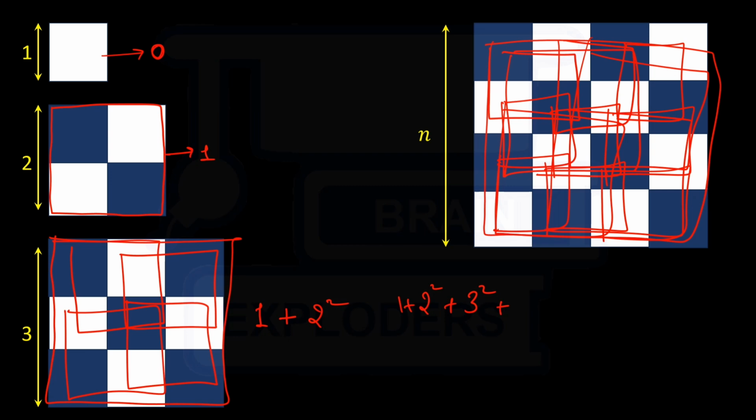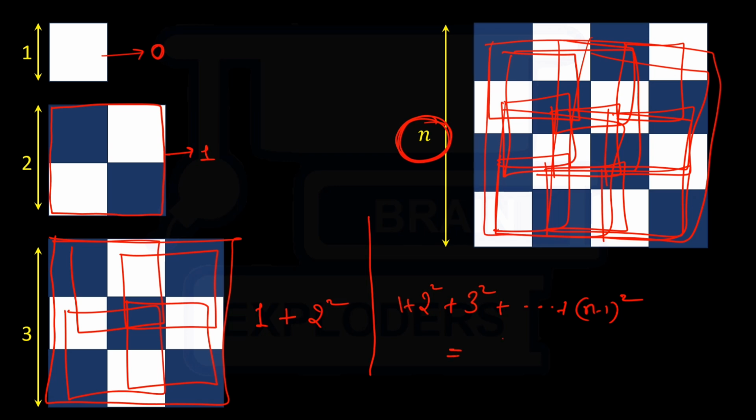Okay, and now if we take a chessboard of n and keep following this pattern, then we will have to add up to n minus 1 square to count the total number of squares of dimension more than 1.